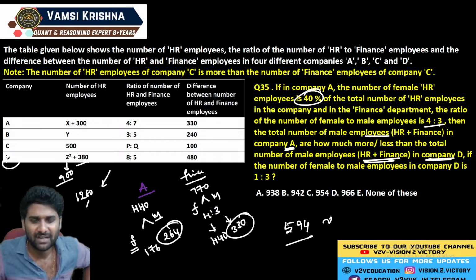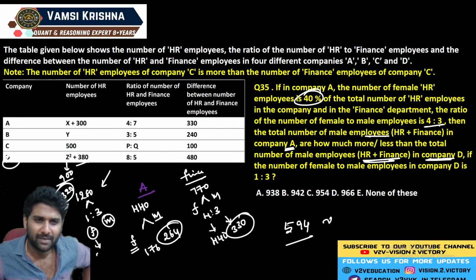We have to divide it in the ratio of 1 is to 3, the number of female to male. Now 4 becomes 1280, it's exactly equal to 320 times. Now 1 becomes 320. 3 multiplied by 320 becomes 960.